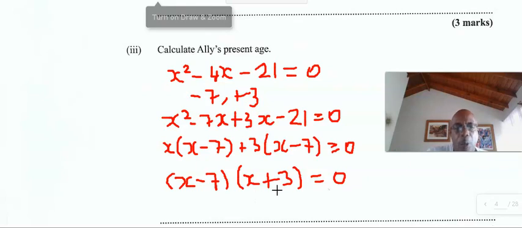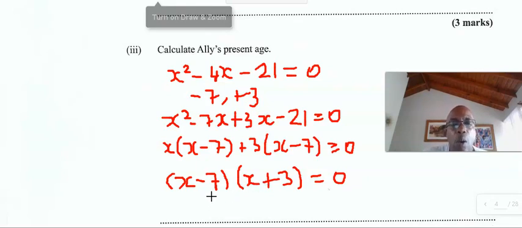So we have factorized the expression, and now we have the equation x minus 7 times x plus 3 equals 0. But we still have not found x yet. What do we do to find x? Basically, we know that if the product of two numbers equals 0, one of these numbers must be 0.